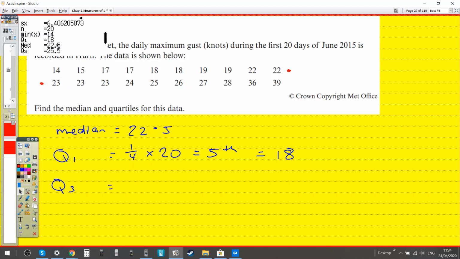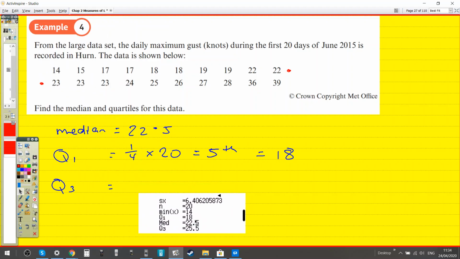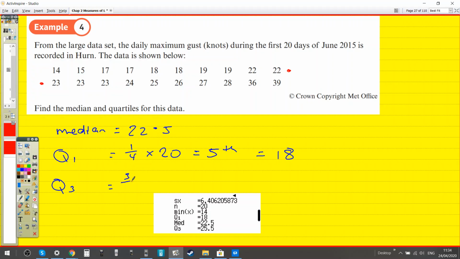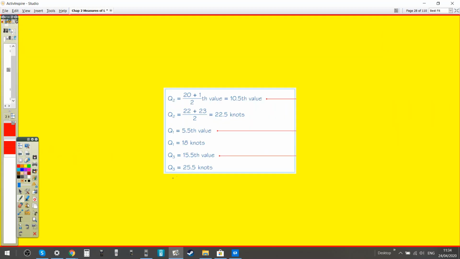Hang on, Q3 doesn't match up, does it? 3/4 times 20 is the 15th value, and the 15th, that's 10, 11, 12, 13, 14, 15, so we're getting 25 for that one. But the calculator gives 25.5.